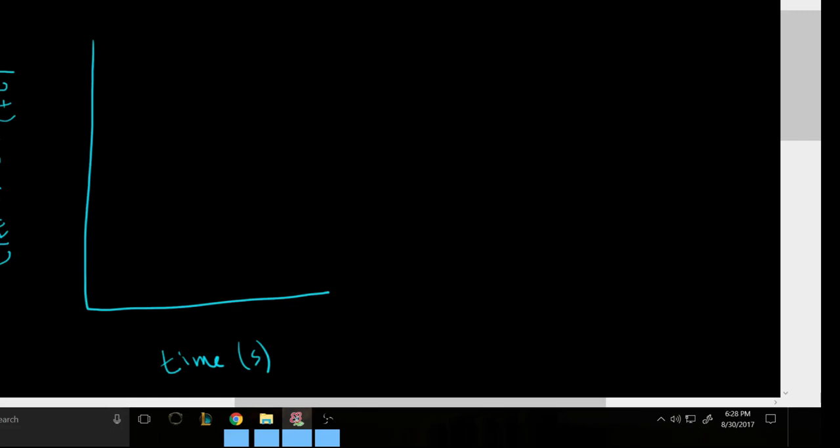Now, I believe all classes should be requiring you to label that, but for sure, Mr. Hickson's class, you are required to label your graphs.